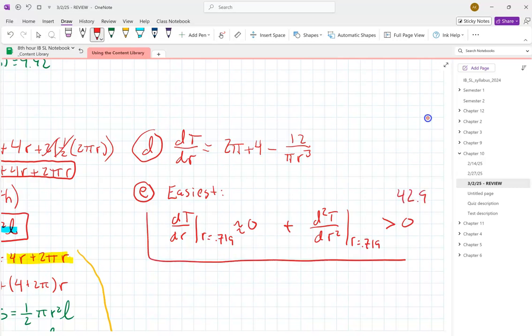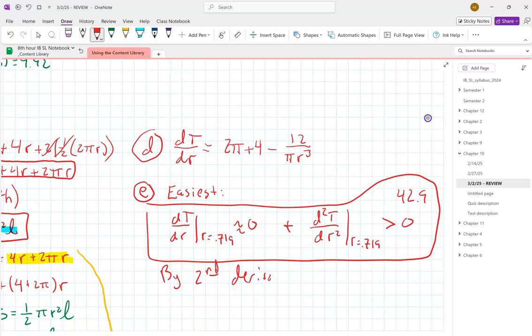So that's enough to show that the second derivative is just the derivative of the derivative. Yep, you just do the derivative again.